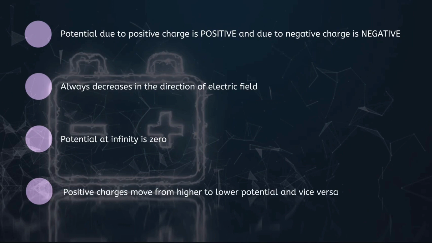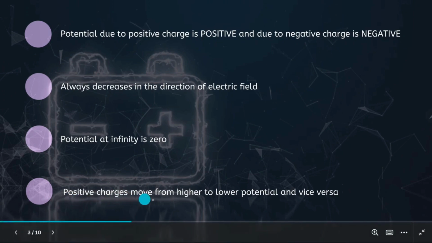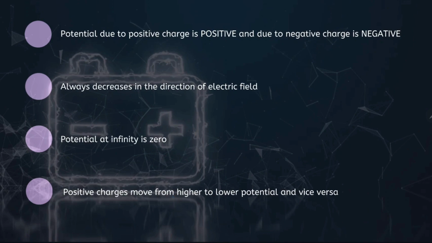Next, positive charges always move from higher to lower potential, whereas negative charges will move from lower to higher potential. Regarding this point, let us learn more in the upcoming parts. There is another concept called the equipotential surface. There we will learn more about this again.